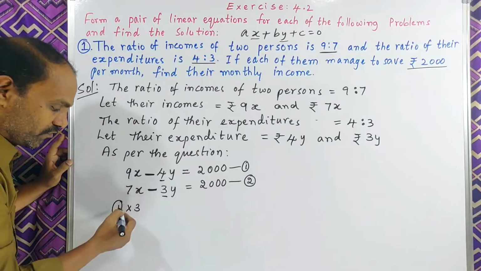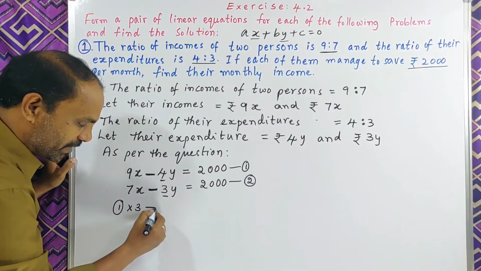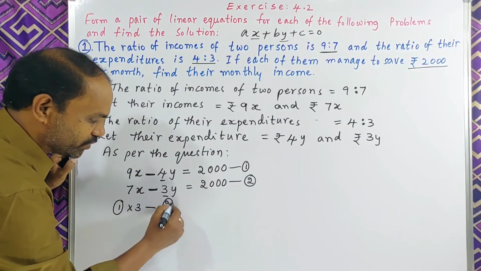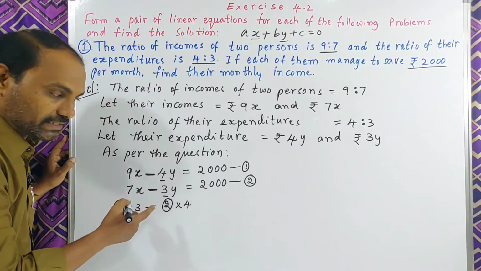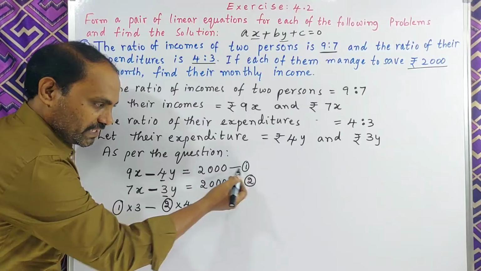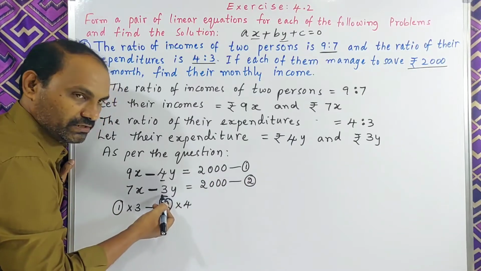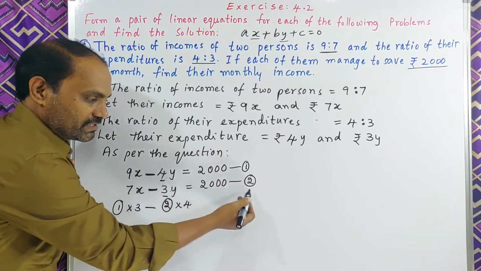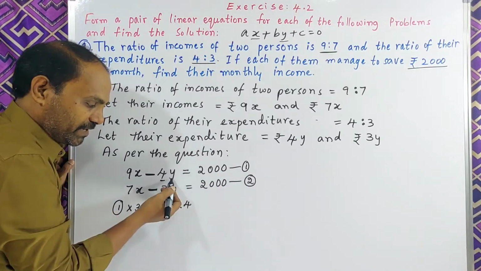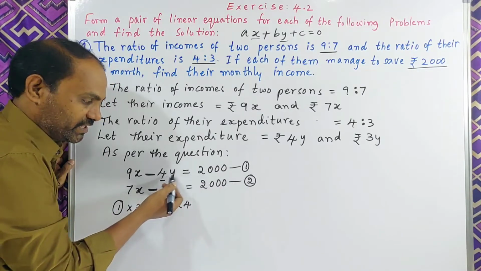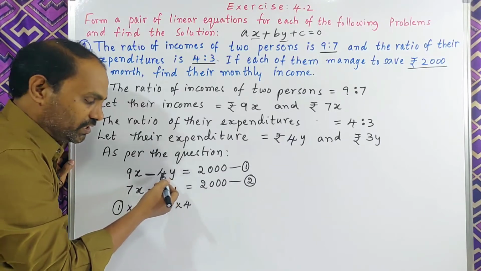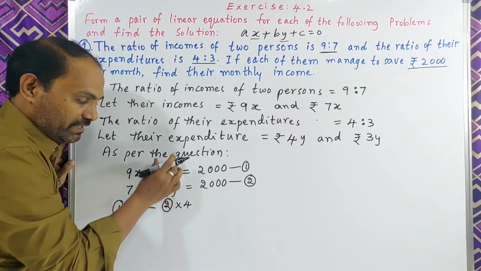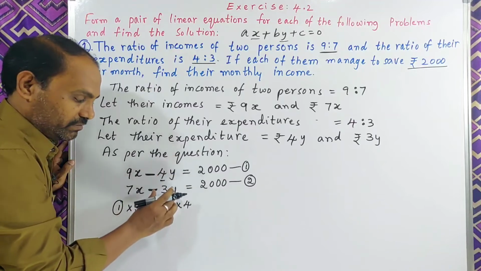Now equation 1 into 3 minus equation 2 into 4. Why have I taken it like that? The first equation you should multiply with the coefficient of y from the second equation, and the second equation with the coefficient of y from the first equation. Is it understood? Because we should eliminate this y term.